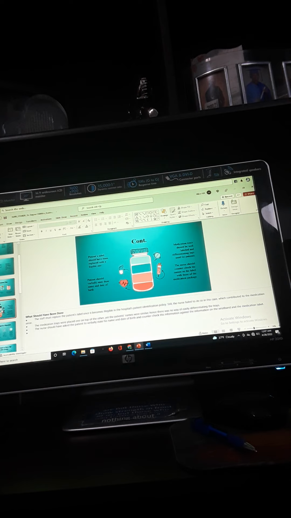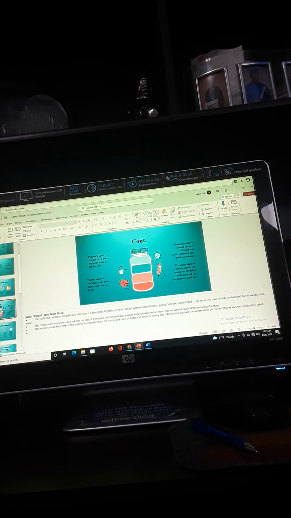PowerPoint slide number 5. What should have been done? Under the hospital's patient identification policy, the staff must replace the patient's label once it becomes illegible. Still, the nurse failed to do so in this case, which contributed to the medication error.